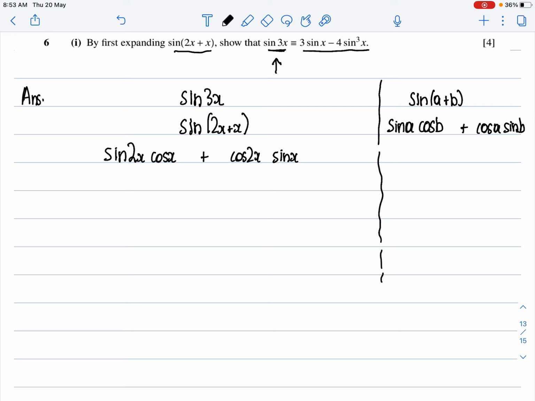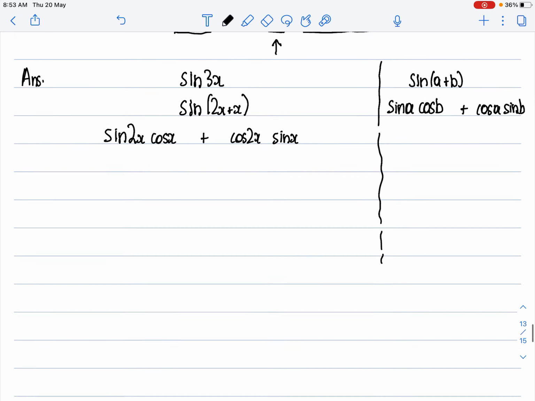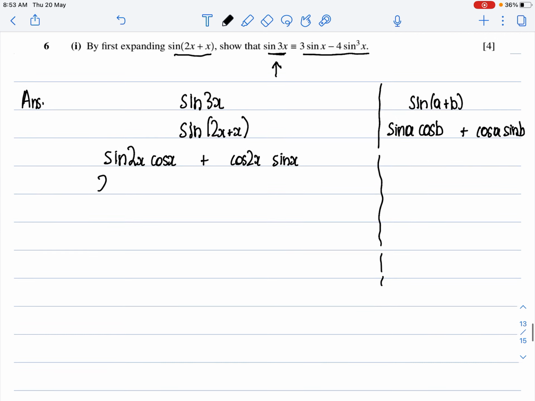Now, what I need to know is that sine 2x can be written as 2 sine x cos x. Okay, this is a trigo identity you need to know. This is the second trigo identity, that sine 2x is equal to 2 sine x cos x.